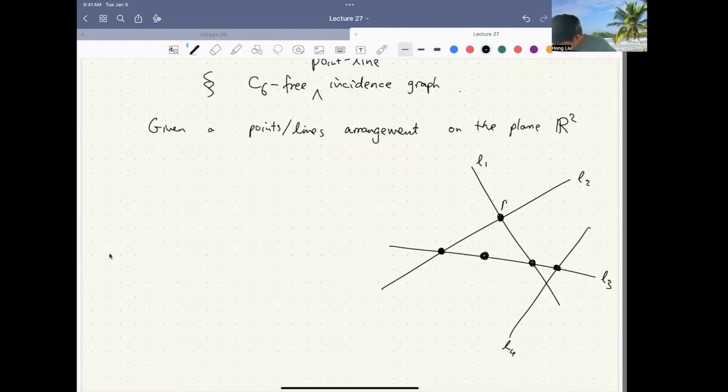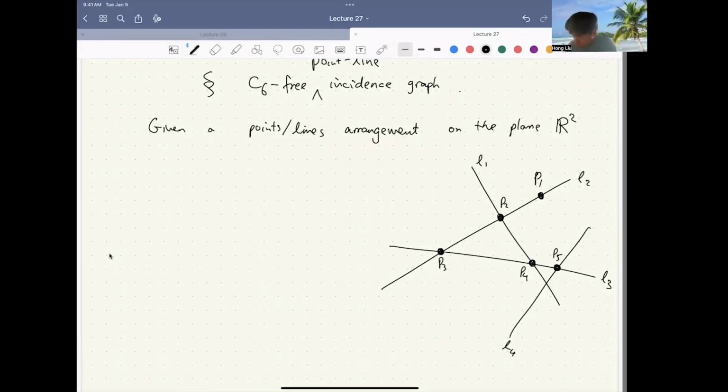These are the points P1, P2, P3, P4, P5.